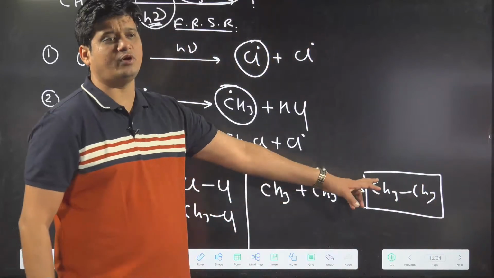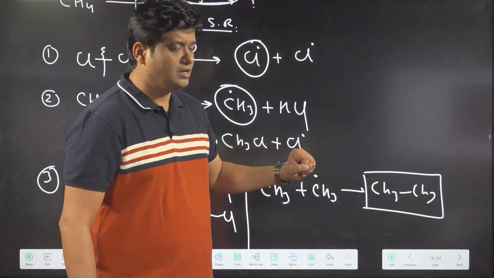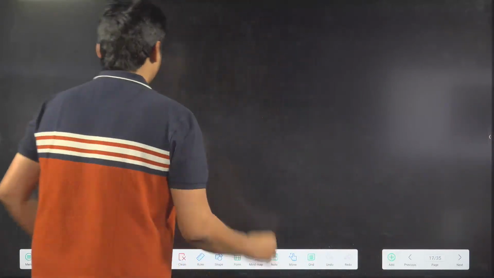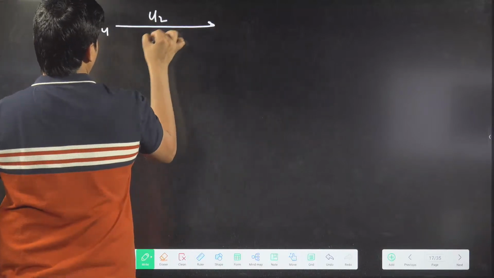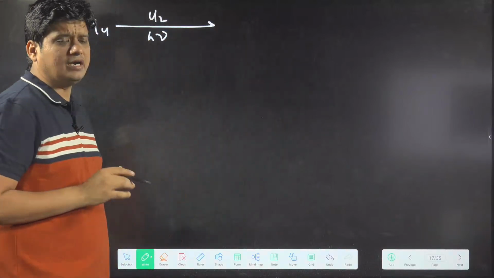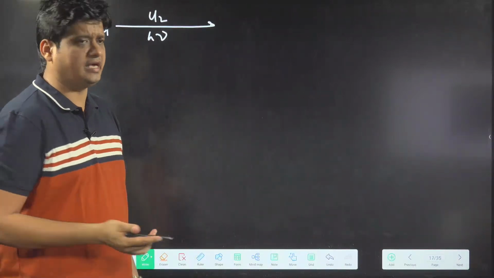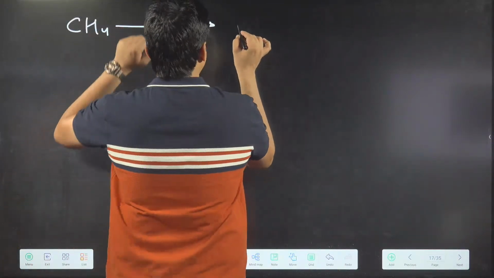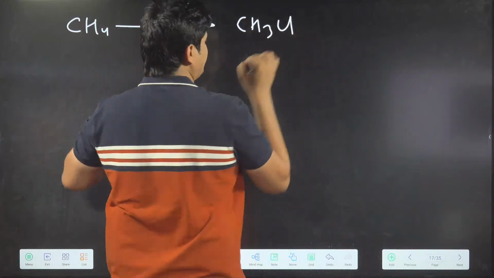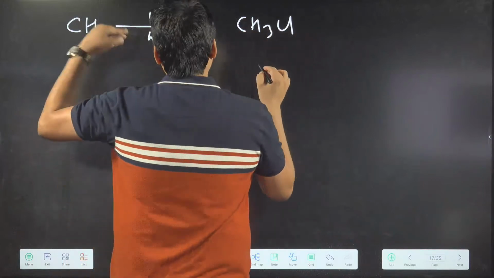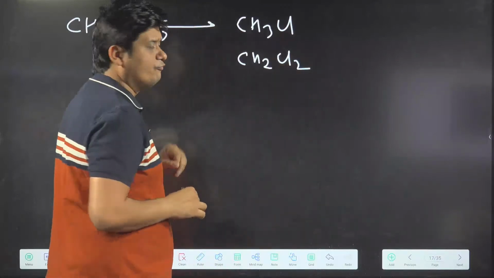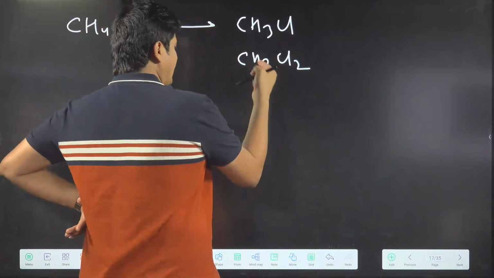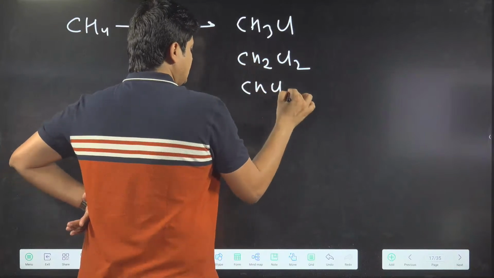And why is it important? Let's say the examiner is saying, during the chlorination of methane, what are the possible products or what is formed there? Answer: one hydrogen displaced by chlorine, CH3Cl is formed. One more hydrogen displaced by chlorine, CH2Cl2 is formed. One more hydrogen displaced by chlorine, CHCl3 is formed.